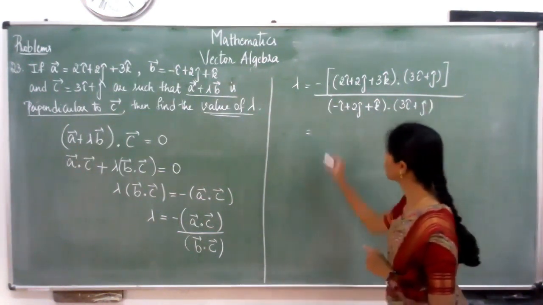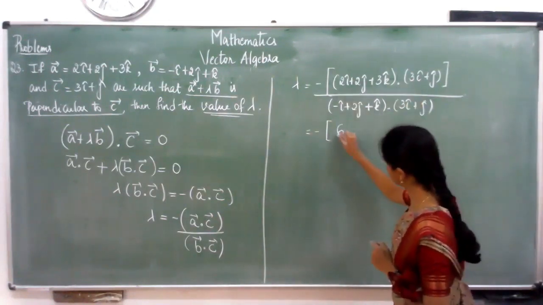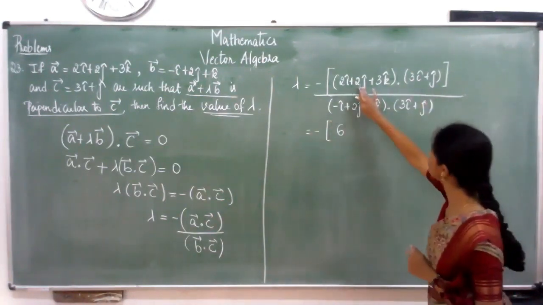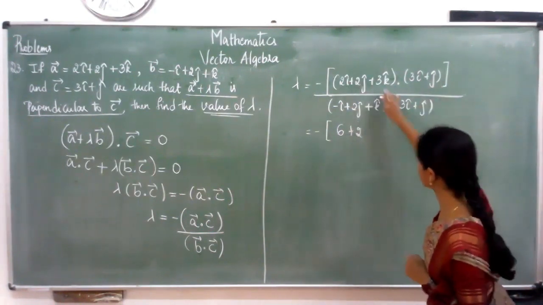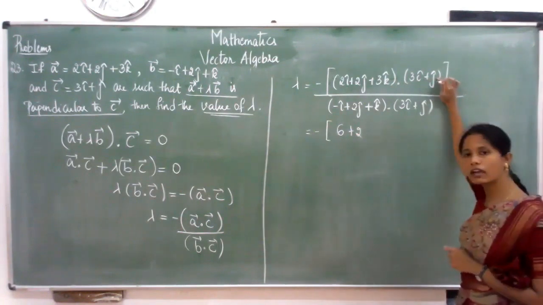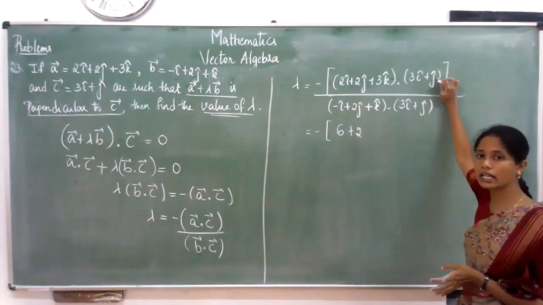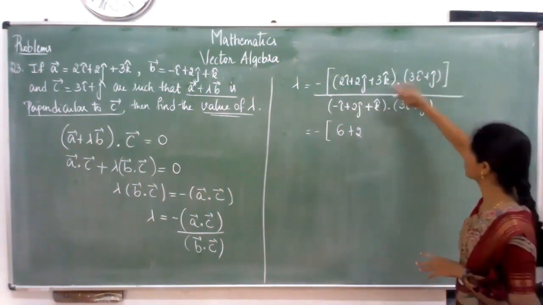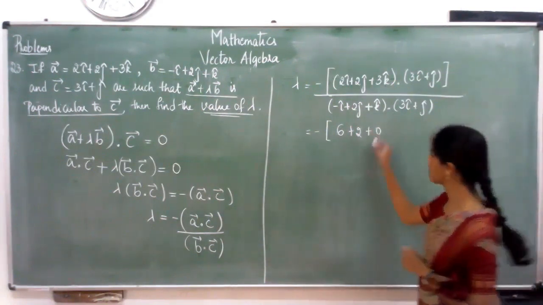Therefore, this is equal to minus of 2 into 3, it is 6 for i dot i. Next it is 2 into 1, it is plus 2. Next we have 3. Do we have k component here? No. If there is no k component, what should we understand it as? It is 0. So 3 into 0 will be equal to 0 here.